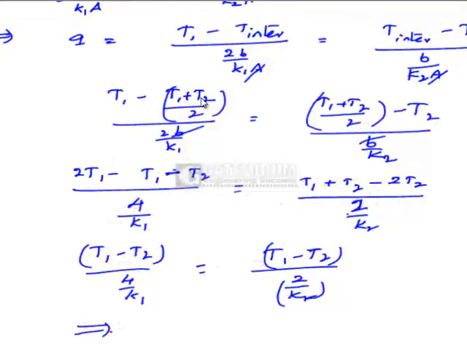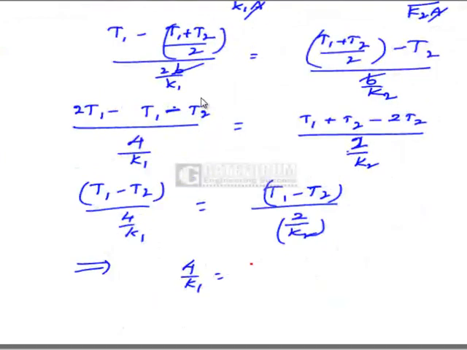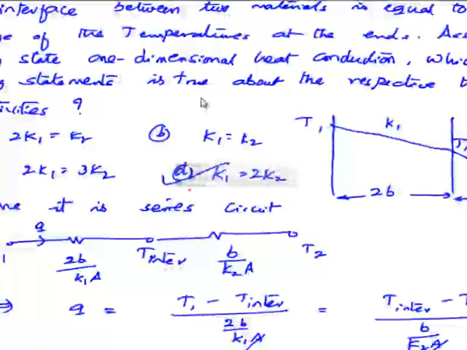So implies 4 by K1 is equal to 2 by K2. 4K2 is equal to 2K1. K1 is equal to 2K2. Answer is D. Hence the problem.